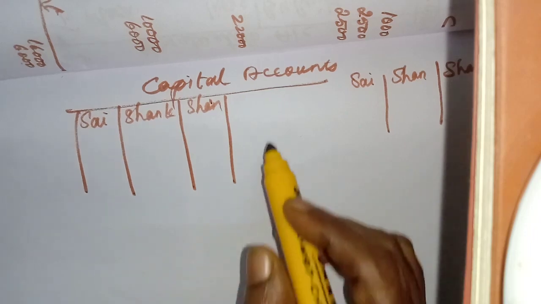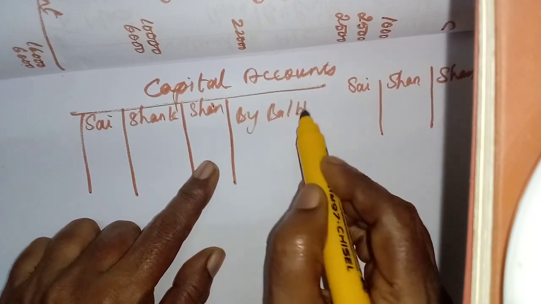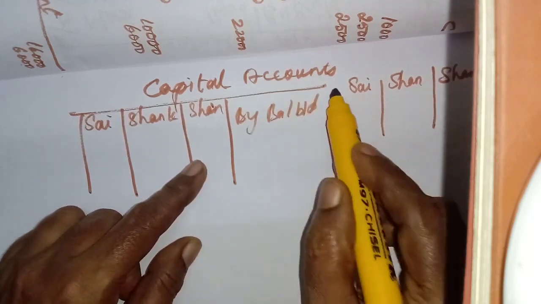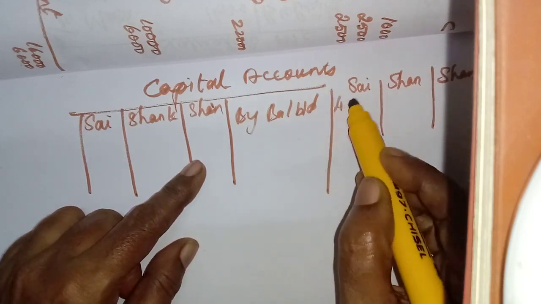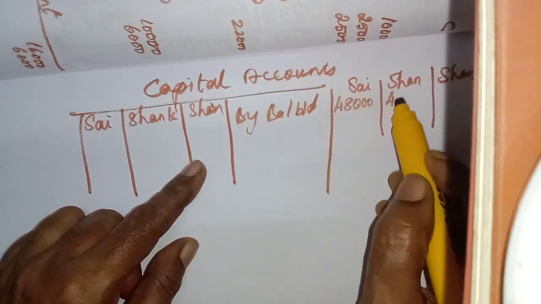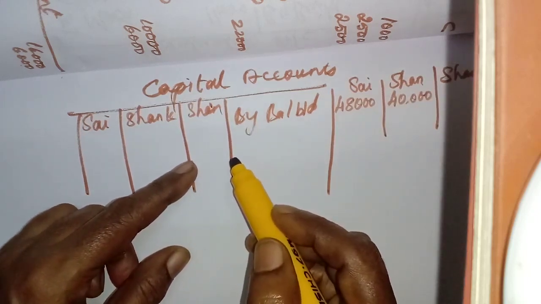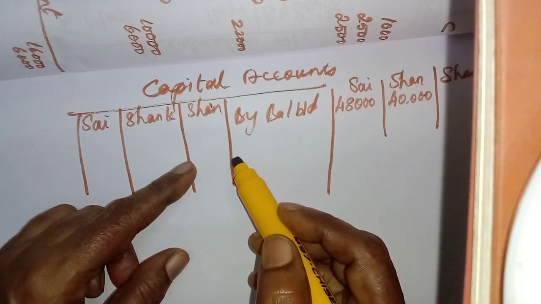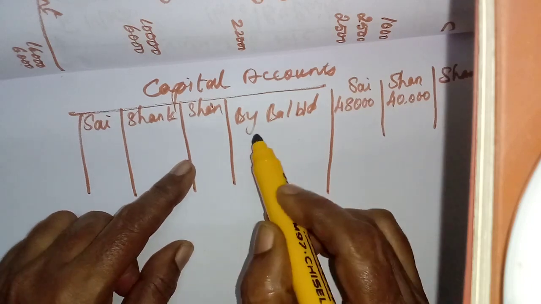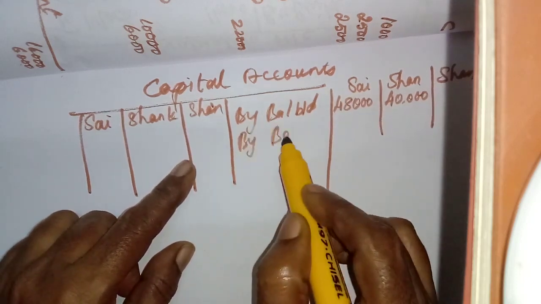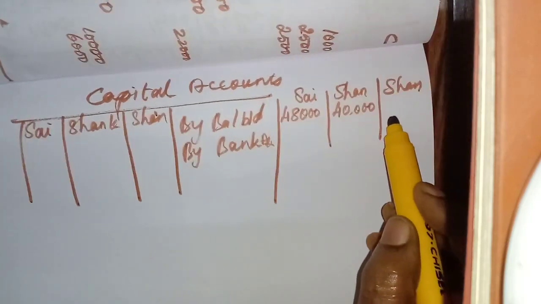First we have to write the balance. By balance brought down. Sai how much? 48,000, 40,000. Now the new partner Shanmugam, he is bringing capital 12,000, isn't it? So we can write by bank 12,000, which Shanmugam brings.